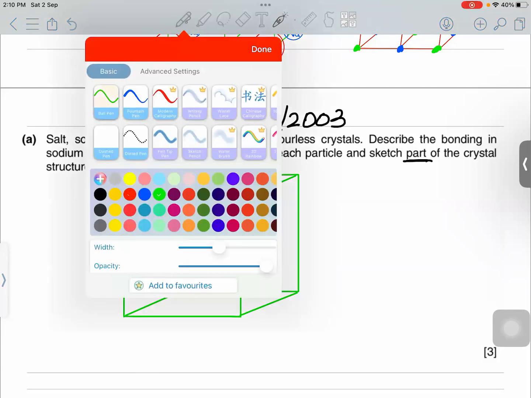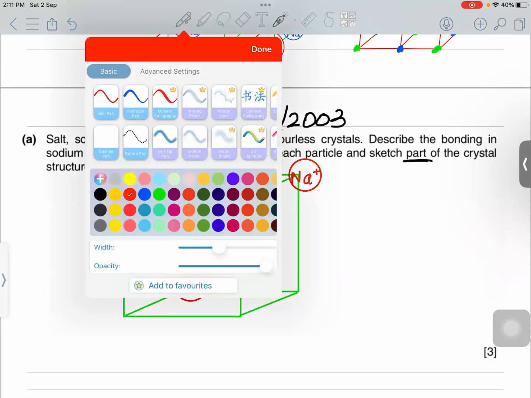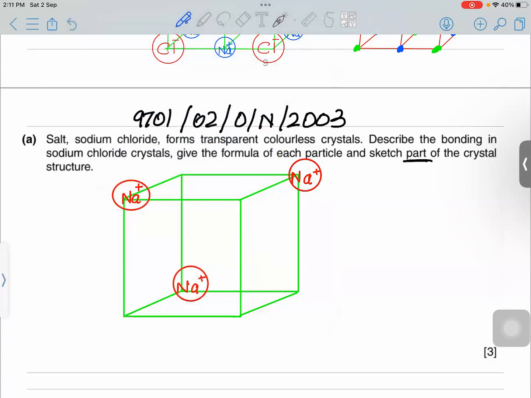Now, write here sodium positive. Here you have sodium positive. Each sodium is attracted by negative chlorine.